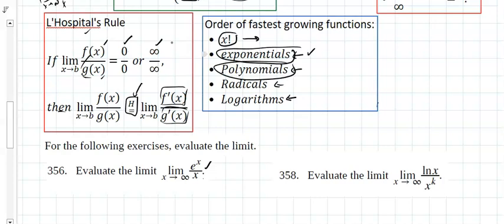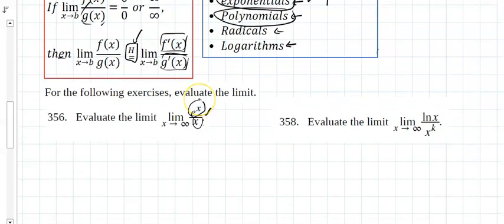Since this ranks higher, the top of this fraction is going to approach infinity faster than the denominator. So I'll know the answer is infinity. You can't use this to justify your answer, but you could use it to figure out what the answer is. So how does the limit work? You take the limit as x approaches infinity.